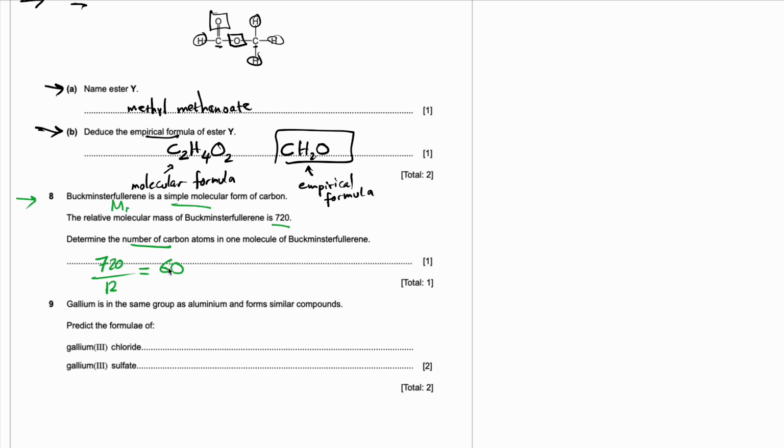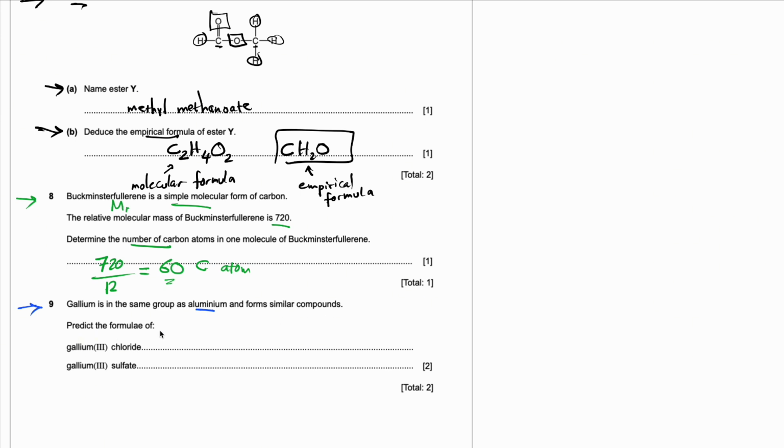So we have 60 atoms of carbon in each molecule of that Buckminster fullerene. So 60 carbon atoms.